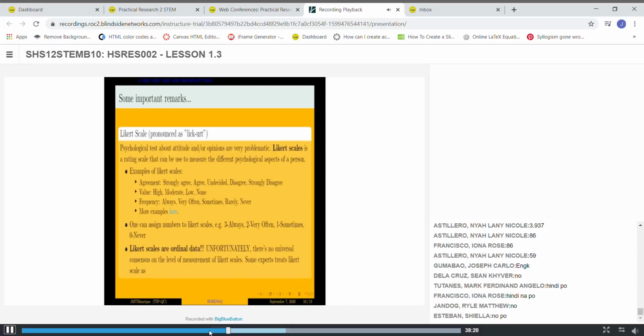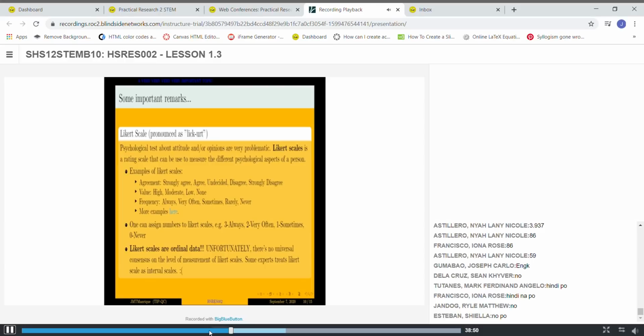Siyempre, money is numbers, but the psychological aspect is not. So they need something na magme-measure ng psychological aspect. Kaya na-invento yung Likert scale. So ngayon, magulo yung definition ng Likert scale kung siya ba ay ordinal or interval data. Okay?